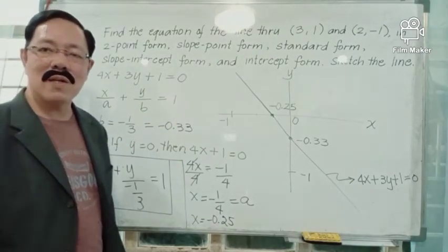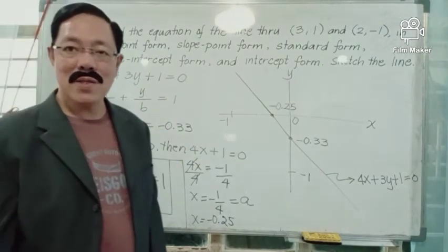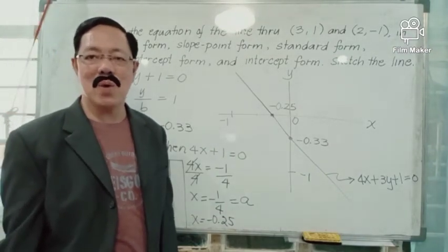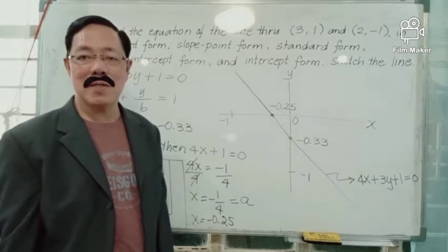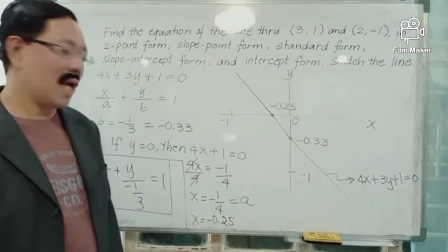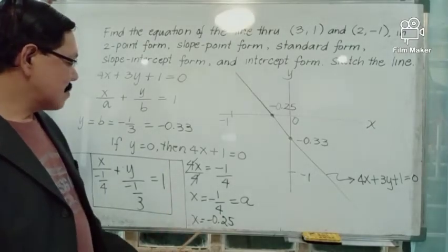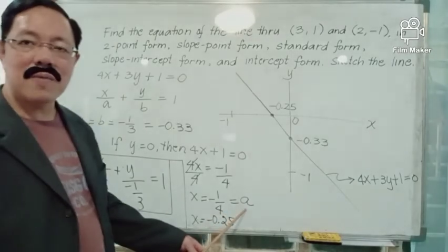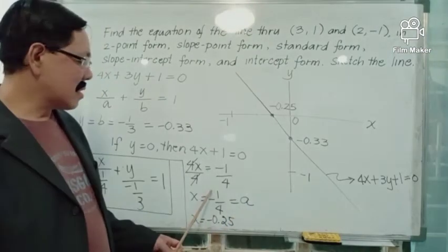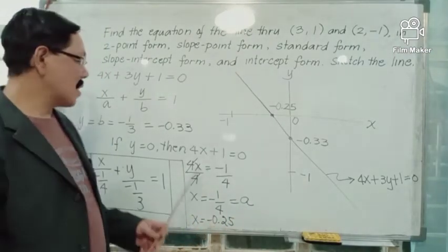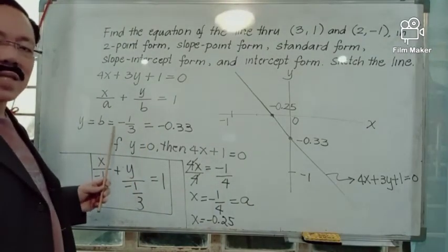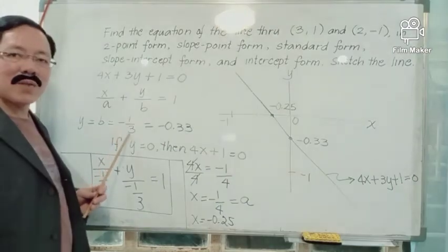As we said earlier, the easiest way to sketch the graph of a linear equation in two variables x and y is to find the intercepts of the line. And we have found the intercepts of the line. The x-intercept is given by the value of A, negative 1/4, while the y-intercept is given by the value of B, negative 1/3.